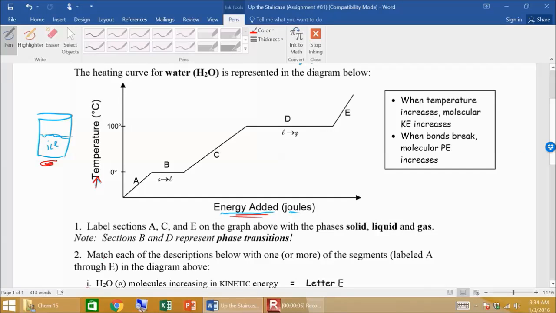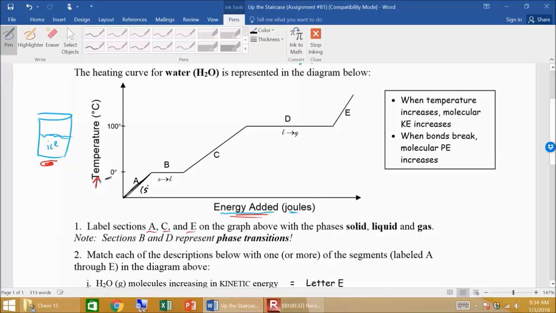Here's the first question that asks you to add labels to your diagram. Label sections A, C, and E on the graph above. A, C, and E: solid, liquid, gas. So for this, the sector in A is cold. Notice that the temperature here is 0 degrees Celsius, and A is at a temperature less than 0 degrees Celsius. So this is below the freezing point of water.